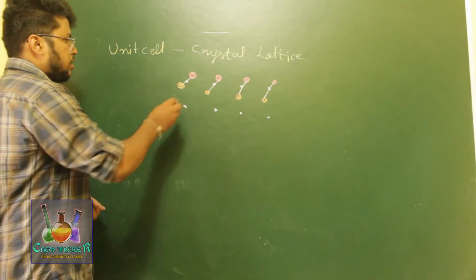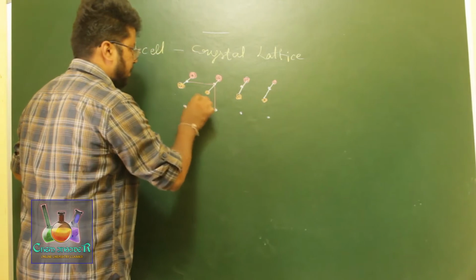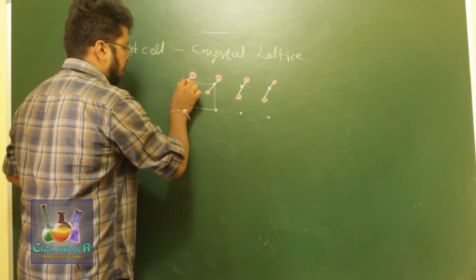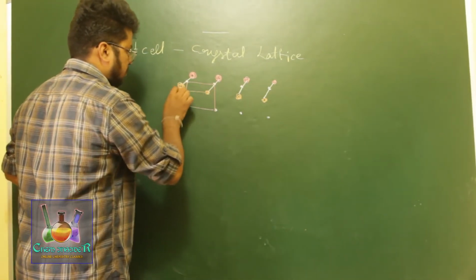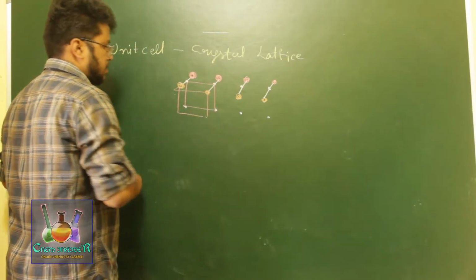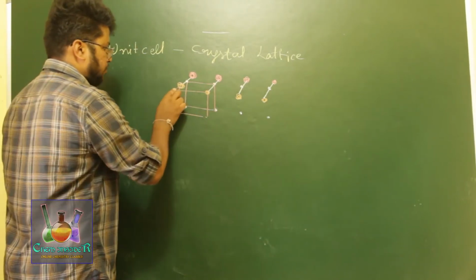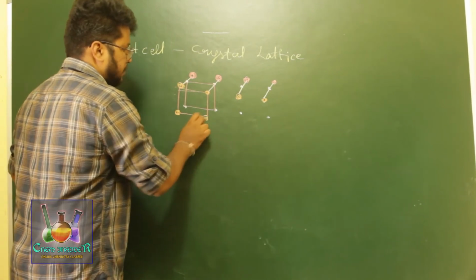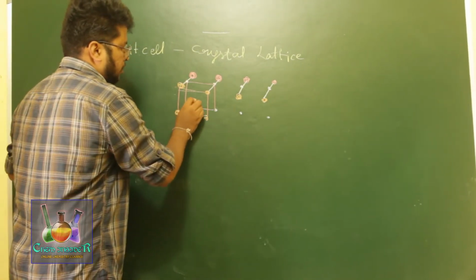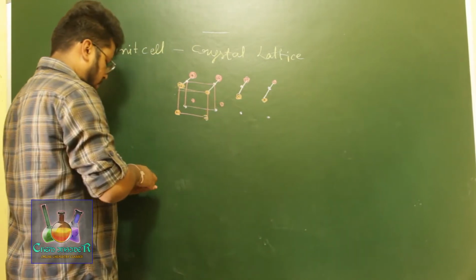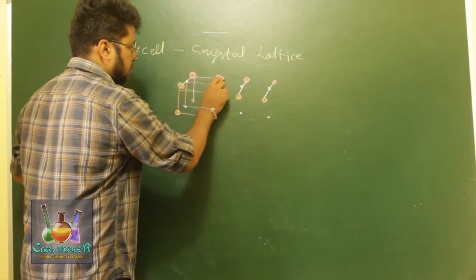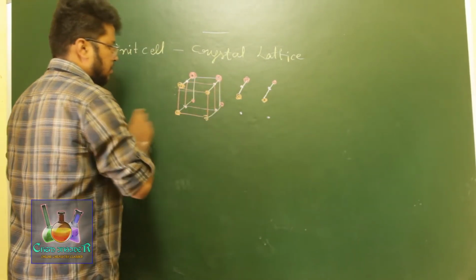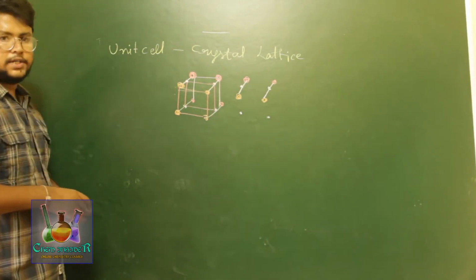So if we arrange a unit cell joining these points in 3 dimensions, we get a crystal lattice. So these 4 points are joined over here. We have orange on these points and pink on the other sides. Okay, so now this is forming a unit cell.